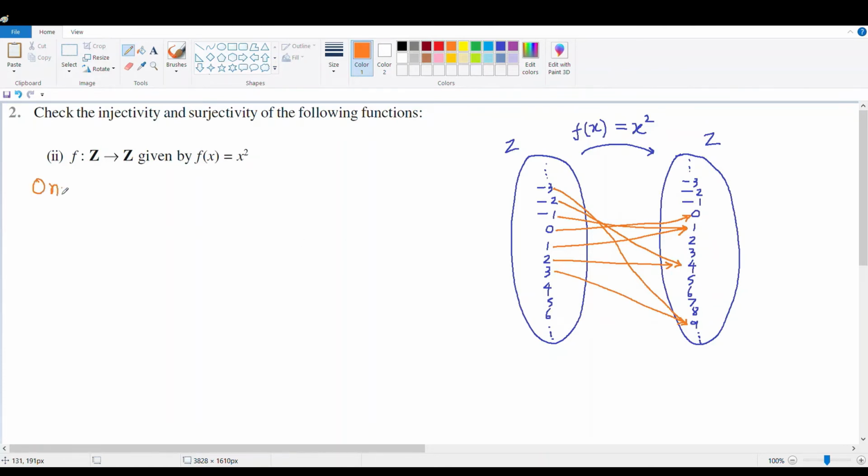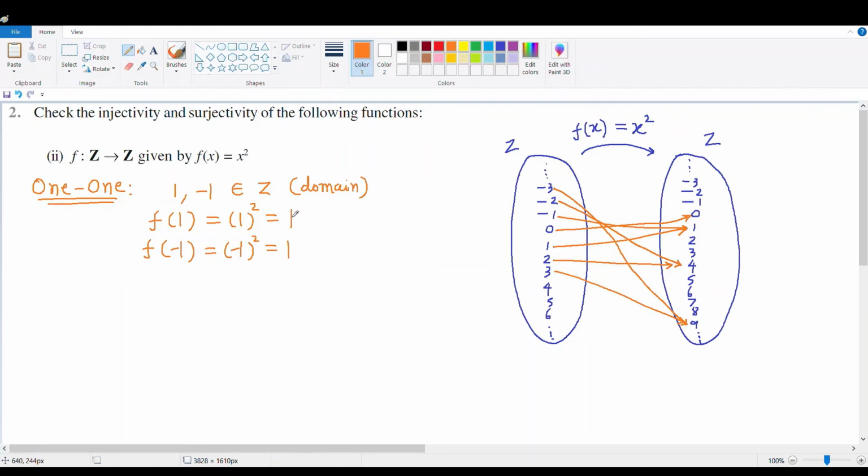So if we start with 1-1, meaning injectivity, meaning whether that function is injective or not, let's do 1 and -1. Okay, so 1 and -1 belong to Z, the domain, and f of 1 is going to be 1 square, which is 1, and f of -1 is going to be -1 square and again 1.